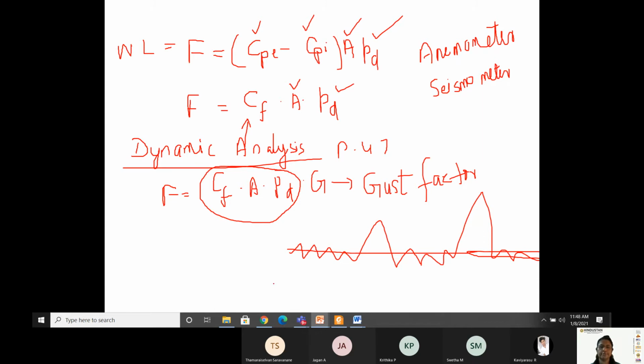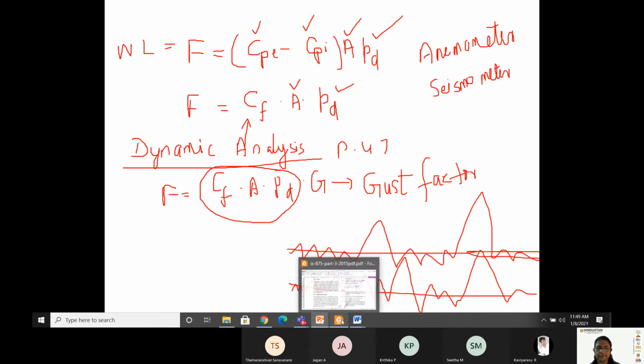Using an anemometer, if you measure the velocity, it is just fluctuating. It is not constant. For every second, the velocity is fluctuating. Sometimes it goes up and down, and there will be a peak velocity. So you have to average all the velocities and find out. It is a very complicated nature of the wind velocity.